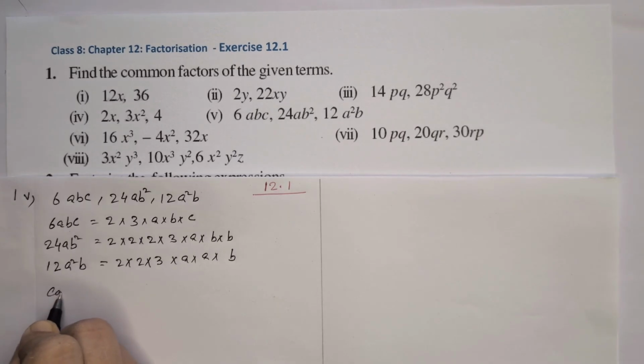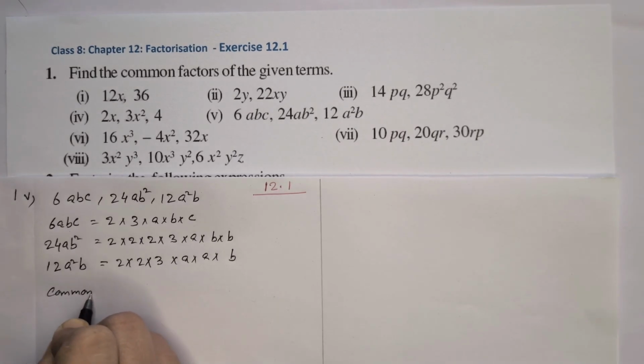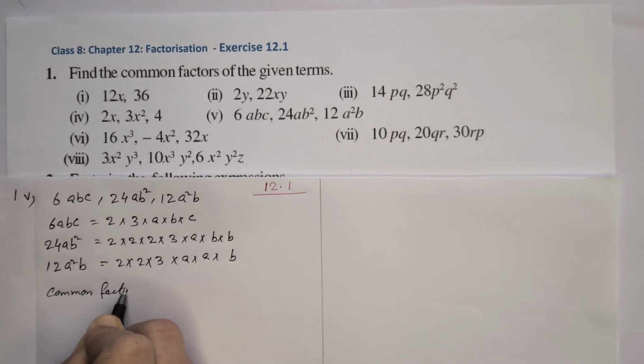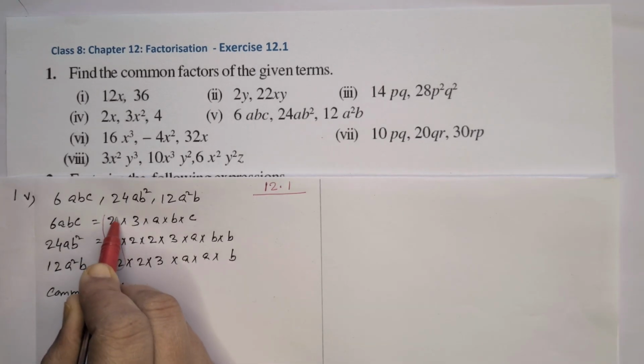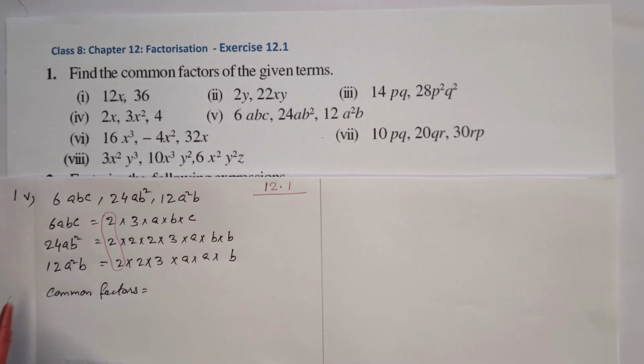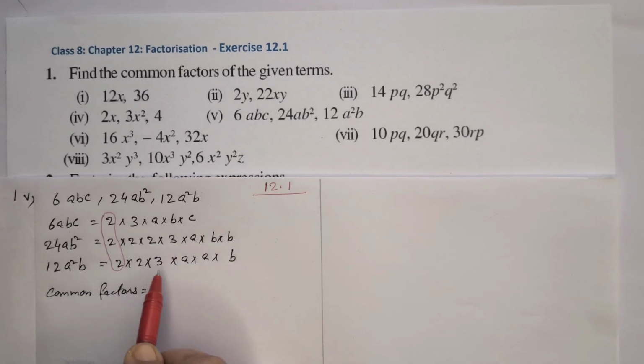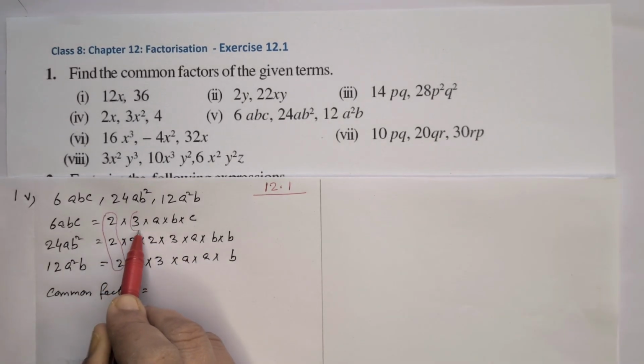Then common factors. Three terms are there, which means from all three terms we have to take the common term. One set of 2 everywhere in all three terms. Then one set of 3.